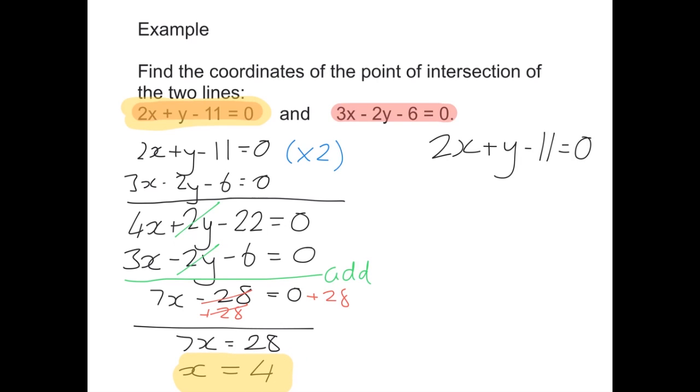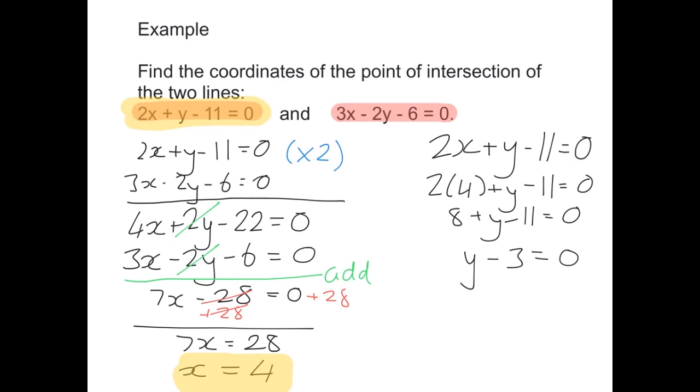So if we substitute in, we get 2 times 4 plus y minus 11 equals 0. So 8 plus y minus 11 equals 0. y minus 3 equals 0, just tidying up our constants. And then adding 3 to both sides, we get y is equal to 3.